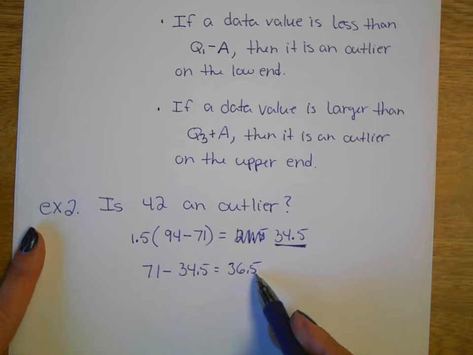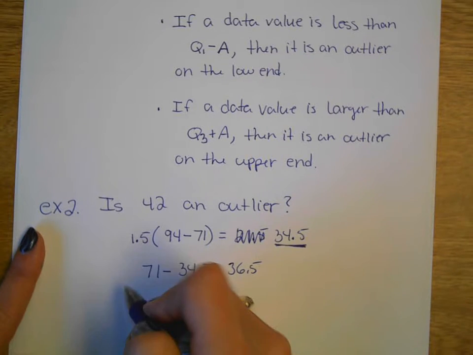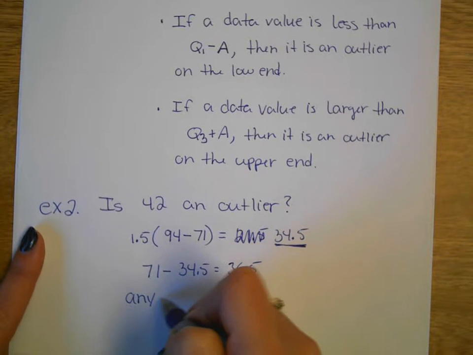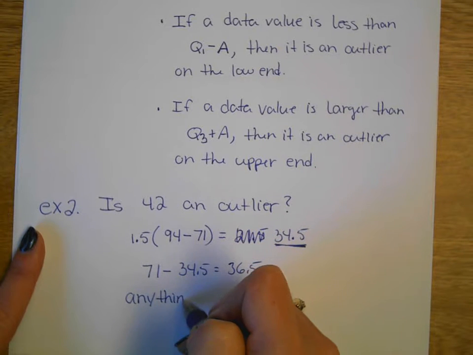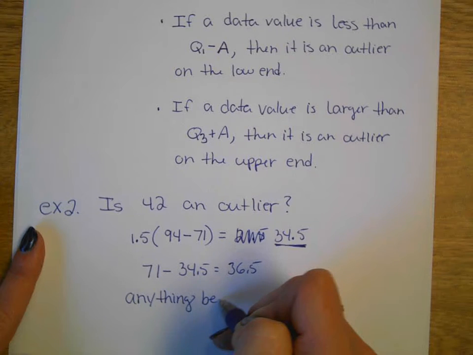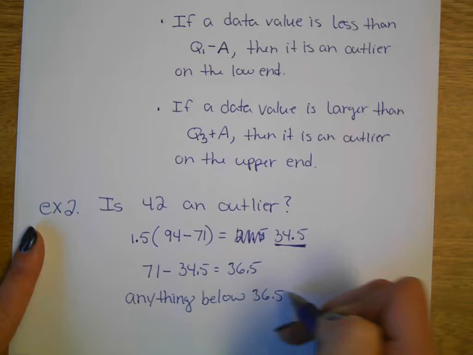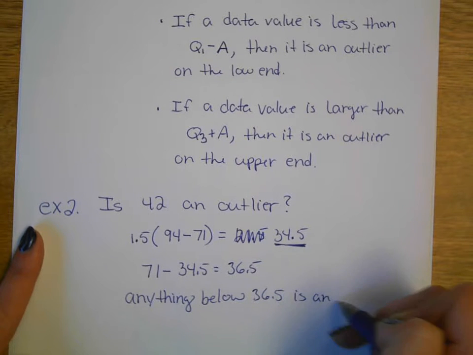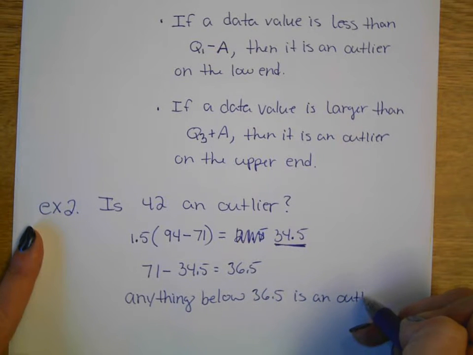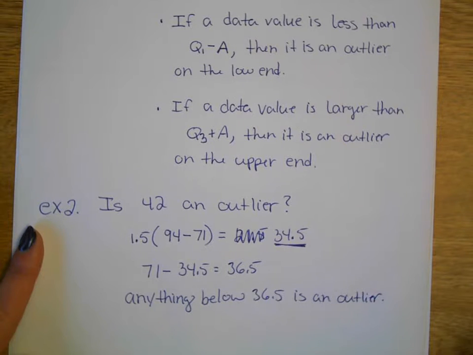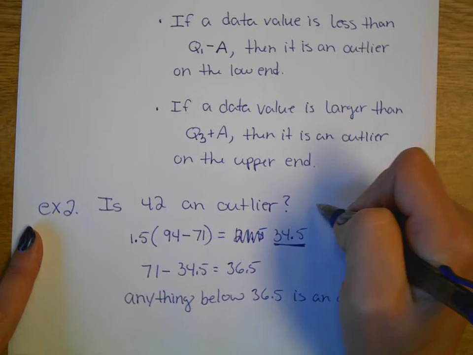Anything below 36.5 is an outlier. So is 42 an outlier? No.